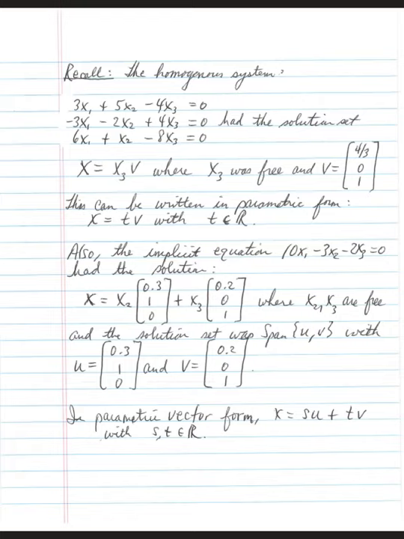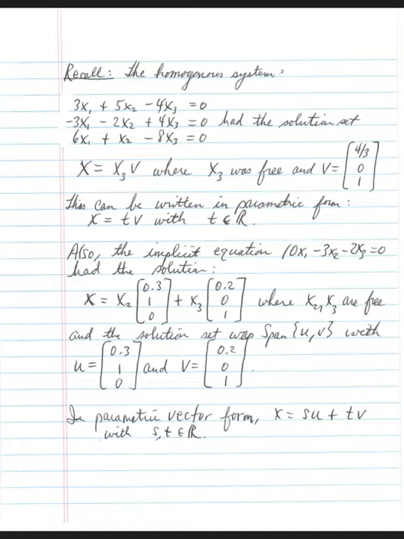Also, the implicit equation that we did in the previous example, where we had two vectors, u and v, and our solution set was the span of those two. x2 and x3 are free variables, so they can be any constant value.